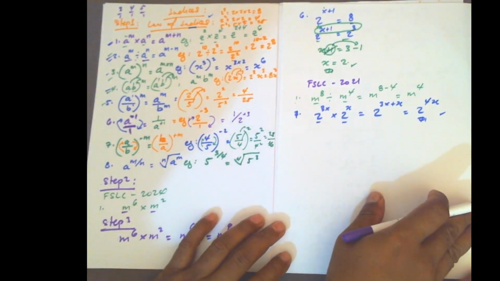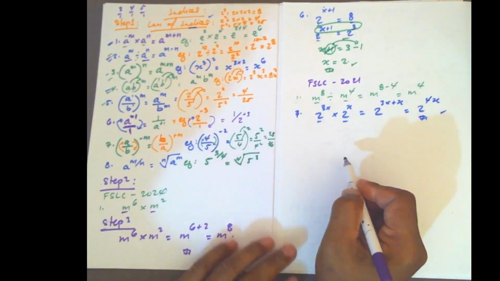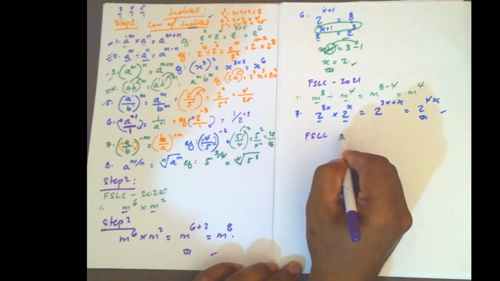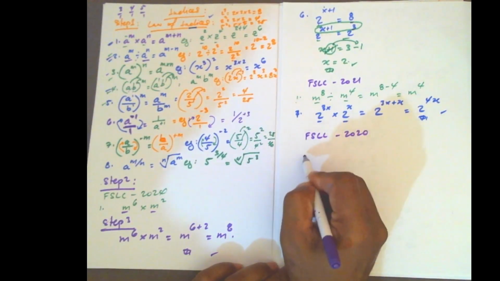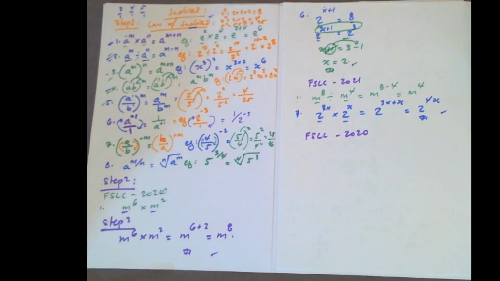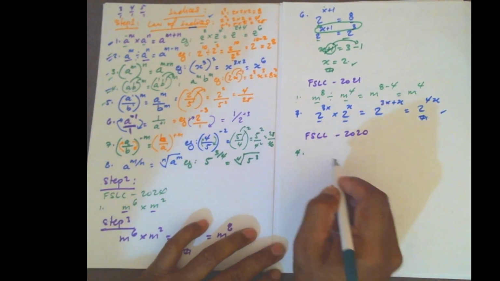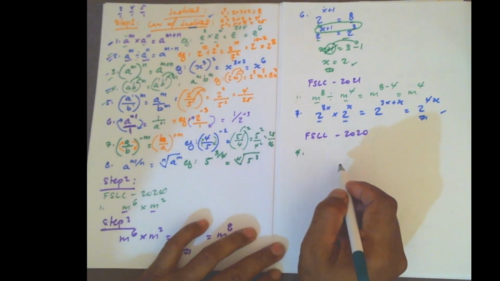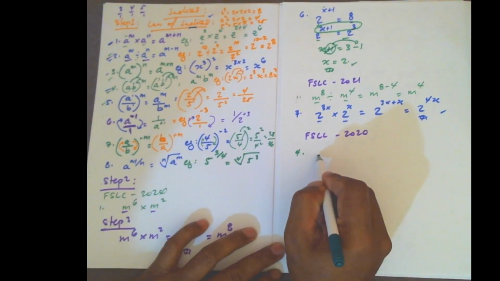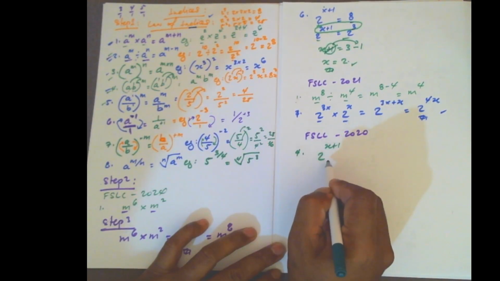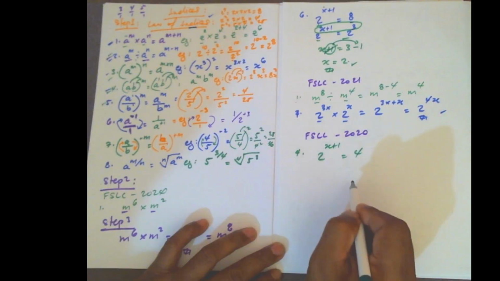Let's look at the last exercise just to help us understand the concept well. Let's look at the FSLC 2020 paper, question number 4. Simplify and solve 2 to the power of x plus 1 is equal to 4.